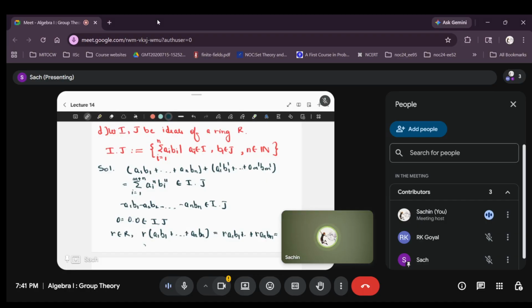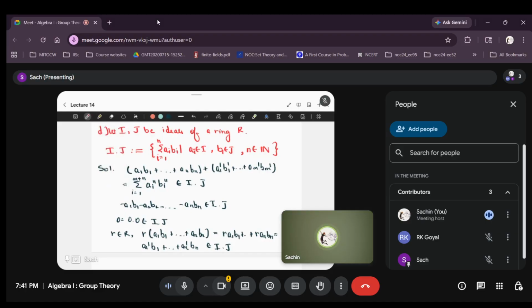So this will simply be a1 prime b1 plus etc. an prime bn, where each of the ai primes belongs to the ideal I, because each of the ai is in I, so r times each of the ai is in I. So this will also belong to IJ. Therefore, IJ is an ideal.